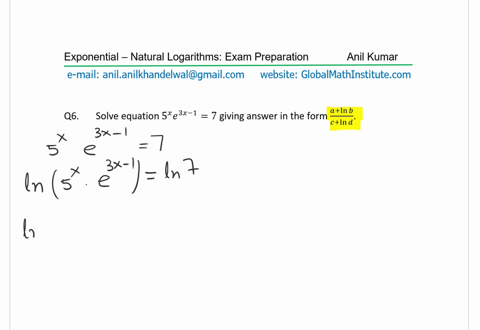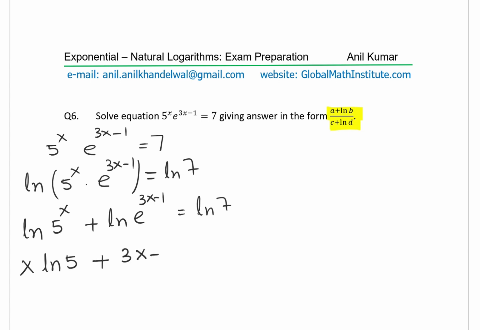So we have ln 5 to the power of x plus ln e to the power of 3x minus 1 equals ln 7. So that gives you x ln 5 plus 3x minus 1 equals ln 7. So we have to isolate x. That is what it means to solve for x.